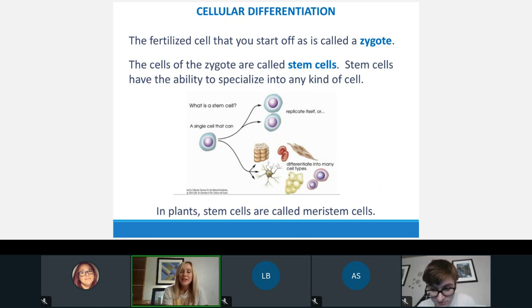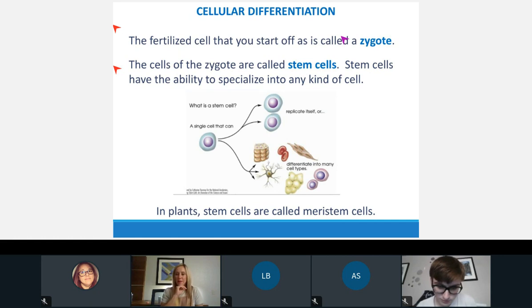As our cells grow and divide from that very early stage, I like to say that our cells go to school. Are you ready for this? What do you guys want to do when you start down a career path? Some of you might want to go to college. If you want to go to college for something specific, put that in the chat. What do you want to do?